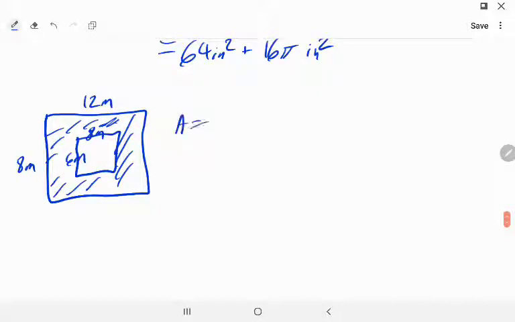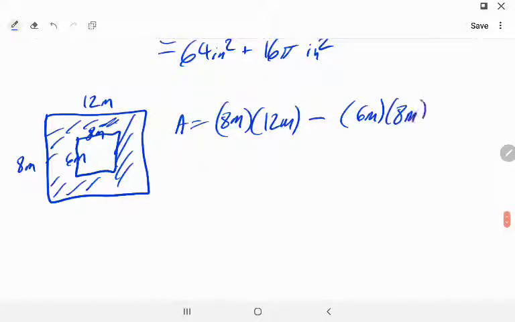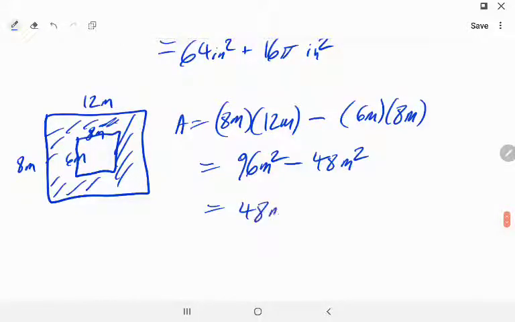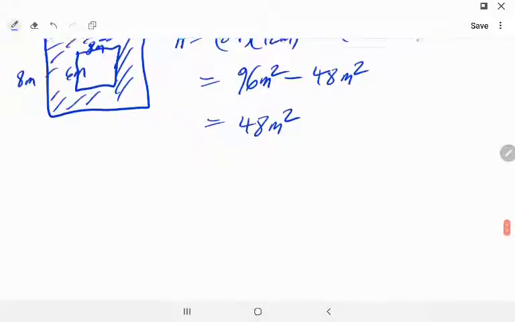The area is going to be the area of the outside region, so 8 meters times 12 meters, minus the blank region. So we're going to subtract 6 meters times 8 meters. So we get 96 square meters minus 48 square meters. And so we get 48 square meters.